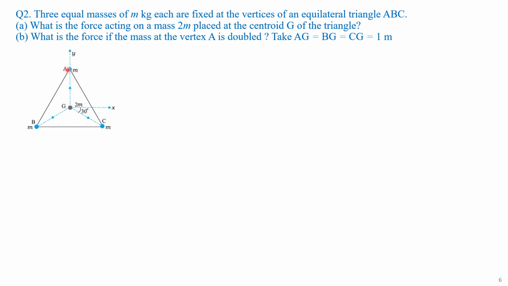Part A: What is the force acting on a mass of 2m placed at the centroid G of the triangle? Part B: What is the force if the mass at the vertex A is doubled? Take AG = BG = CG = 1 meter.